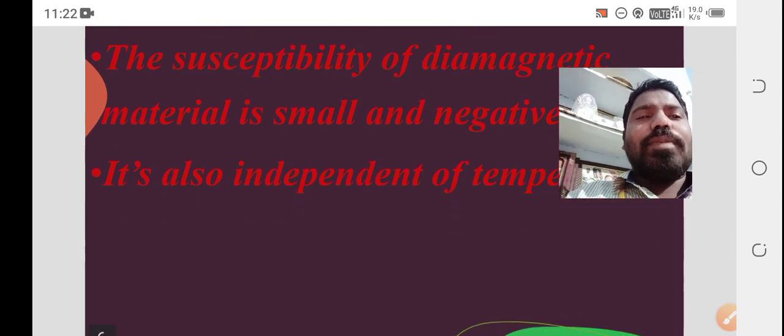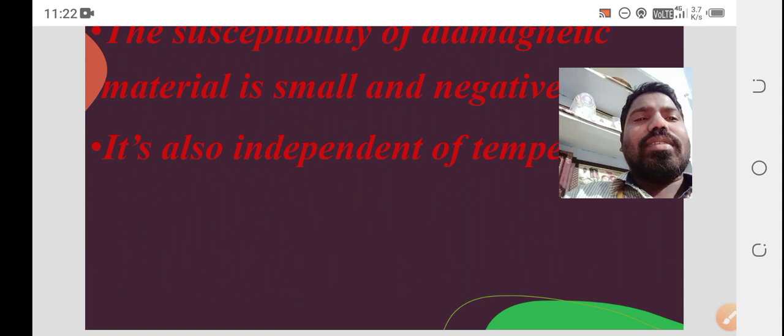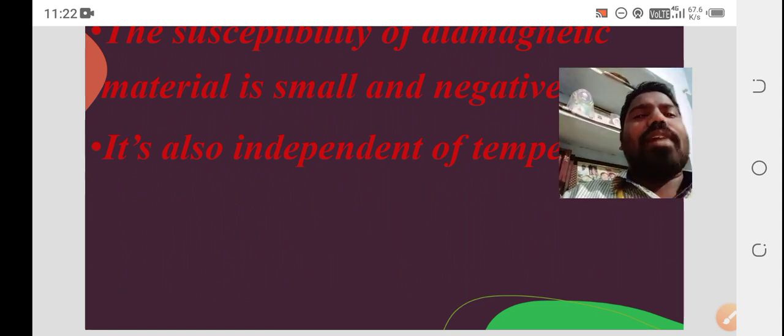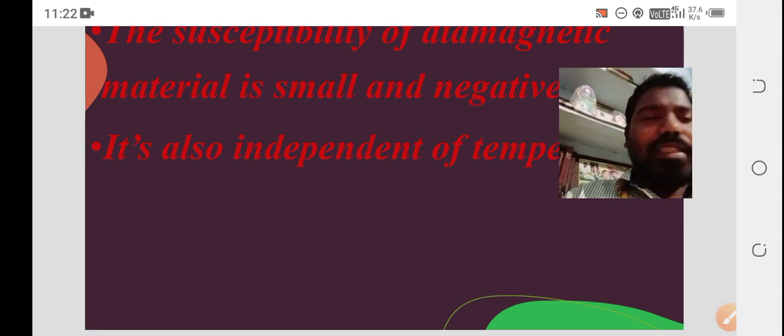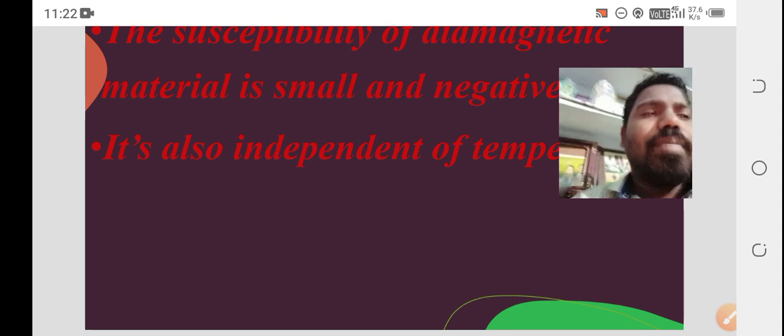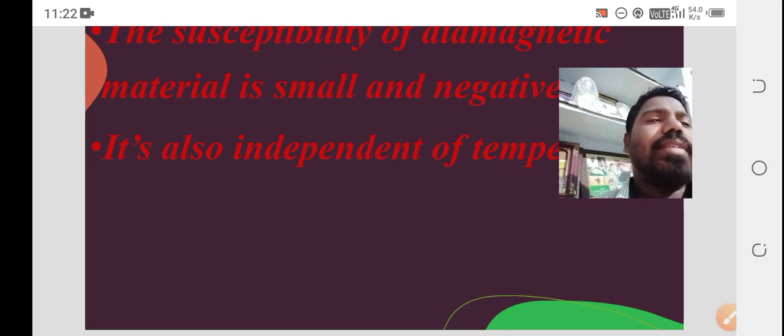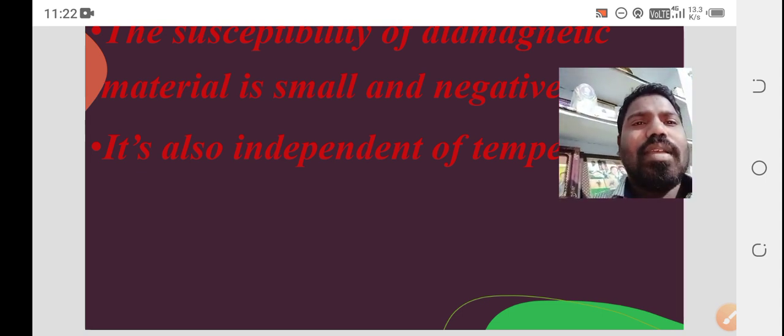The susceptibility of diamagnetic material is what? We already discussed this. The susceptibility of diamagnetic material is small and negative. Not only that, the susceptibility is also independent of temperature.